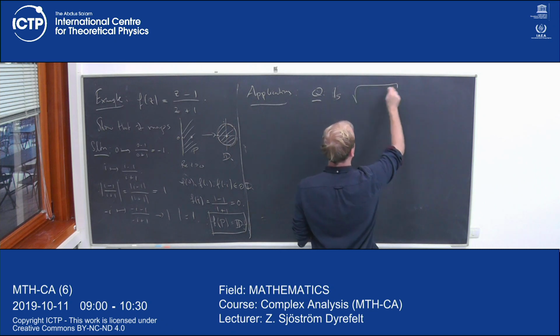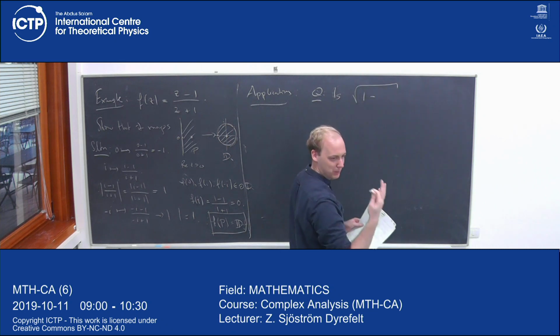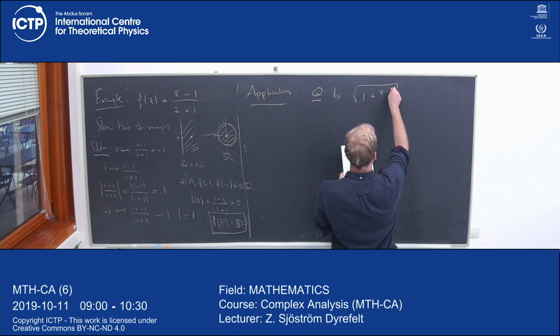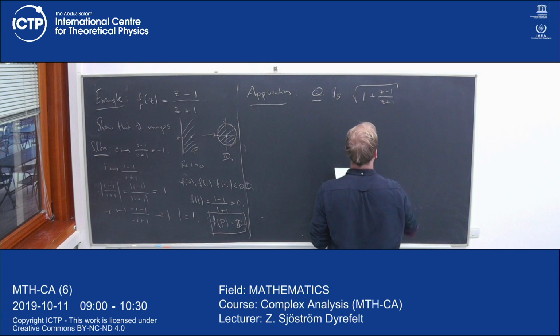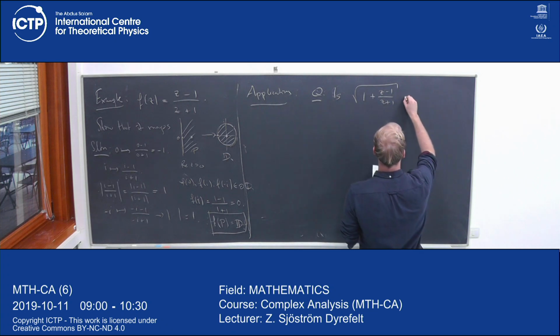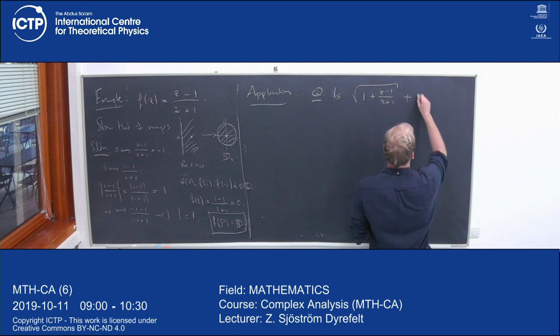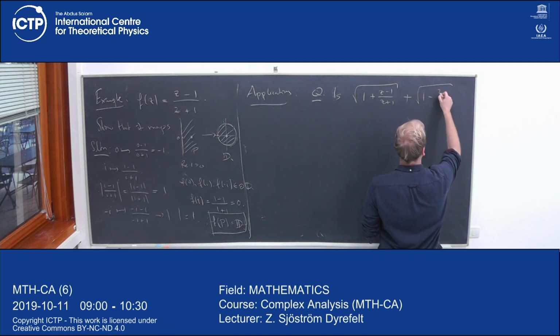Now I'm going to play a bit on the homework, you will recognize this. Okay, so 1 plus z minus 1 over z plus 1. Was it minus or plus? Yeah, plus sum of 1 minus z minus 1 over z plus 1.